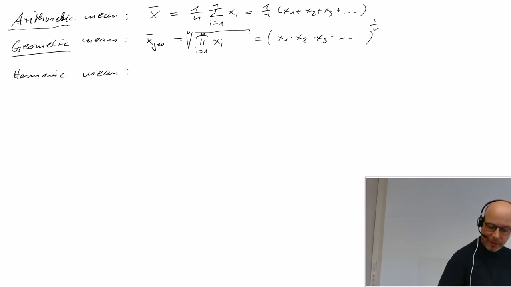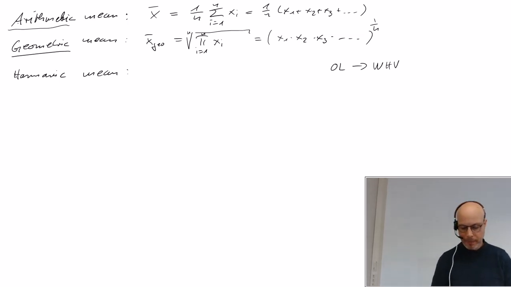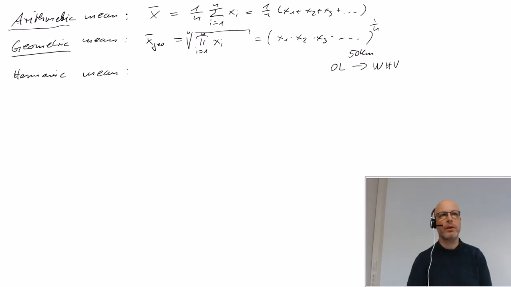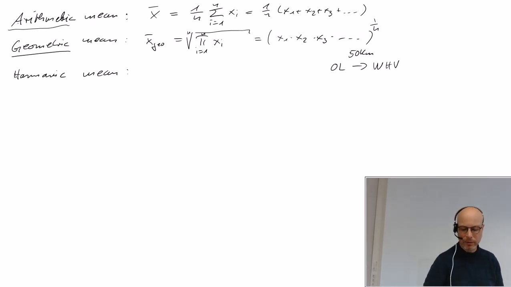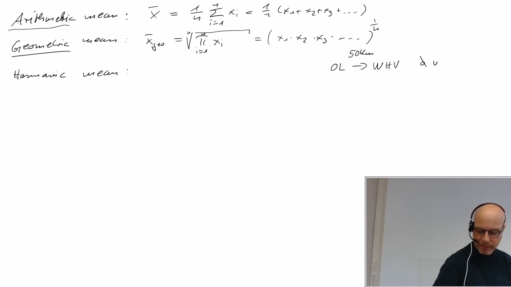And then you can think of, you have been driven today from Oldenburg to Wilhelmshaven. This is, I think, roughly 50 kilometers. And maybe this morning you were quite early on the street and you were alone and you had a velocity of 100 kilometer per hour.